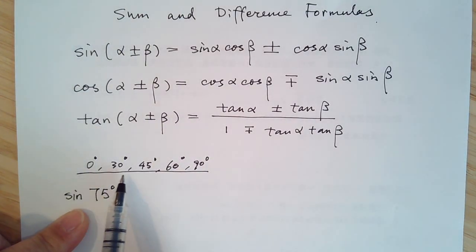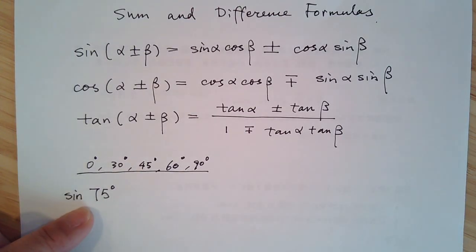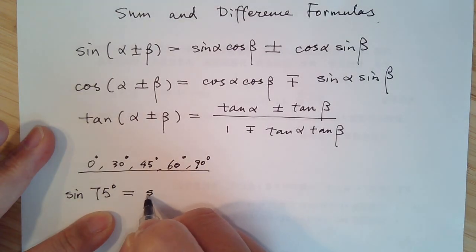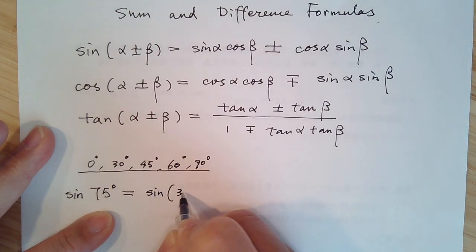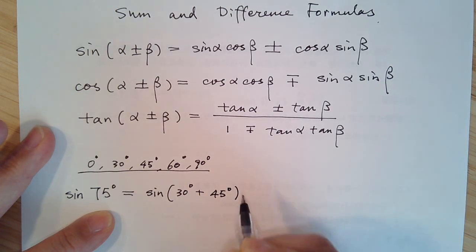However, if we look at all the angles we're very familiar with, we notice that 75 is 30 plus 45. If you know this, then you can write that as sine of 30 degree plus 45 degree.